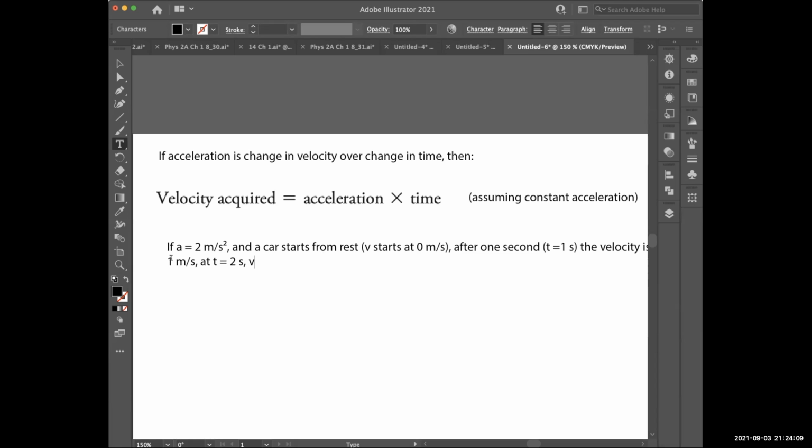Oh, nope. After 1 second, the velocity is supposed to be 2 meters per second, since I said the acceleration's 2. At t equals 2 seconds, the velocity will be 4 meters per second.